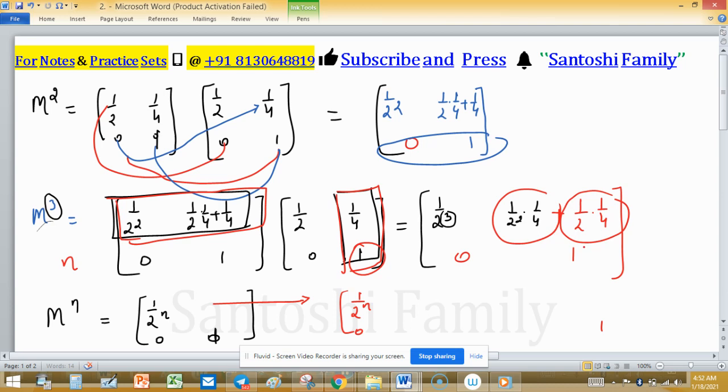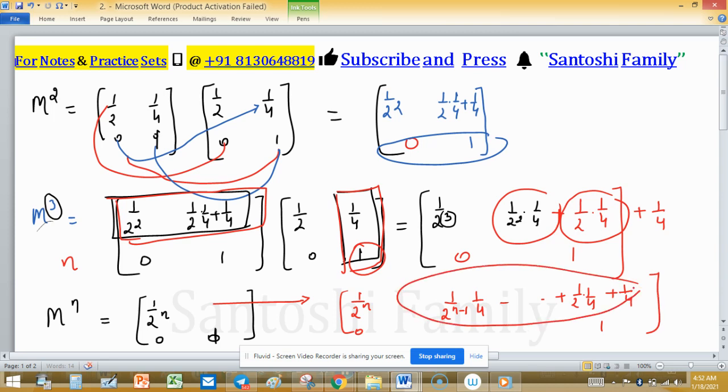The second entry will be 1 upon 4 plus 1 upon 2 into 1 upon 4 plus and so on up to 1 upon 2 raised to the power n minus 1 into 1 upon 4. This is my second entry.